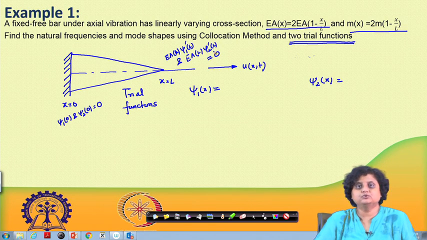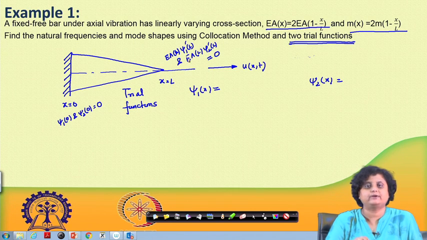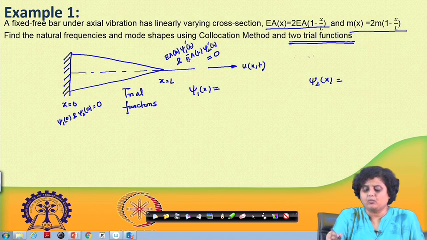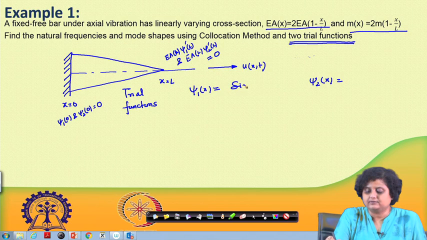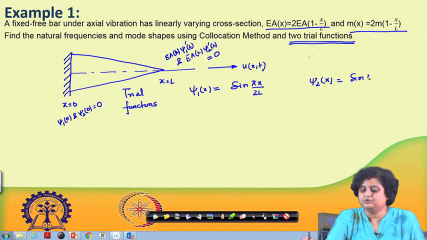Now, we have to choose trial functions which satisfy these two conditions. One possible set of trial functions is sin pi x by 2L and sin 3 pi x by 2L.